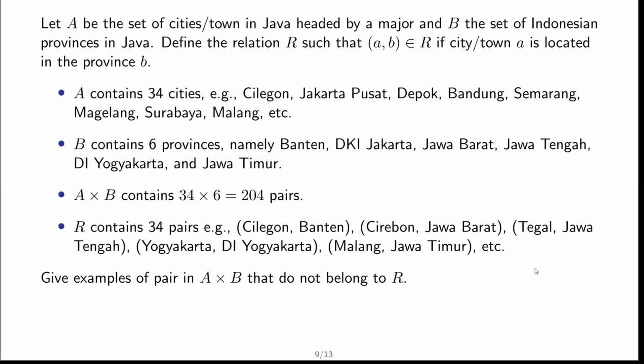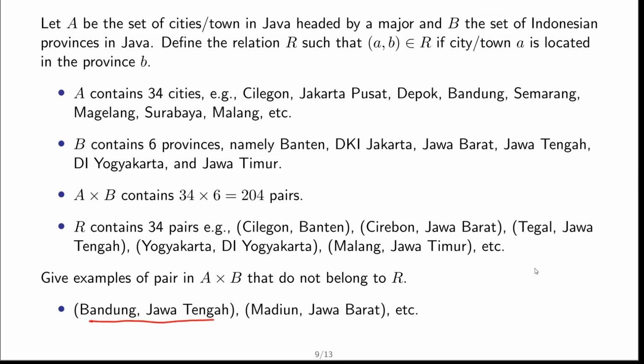For example, the pair Bandung, Jawa Tengah, which is a valid pair in A times B, but does not belong to R because Bandung is not located in Jawa Tengah. Similarly, Madiun, Jawa Barat is a pair in the Cartesian product, but does not belong to R because Madiun is not located in the province Jawa Barat, and so on.